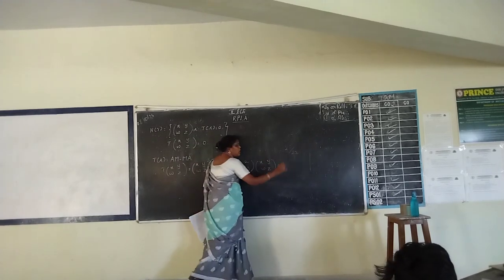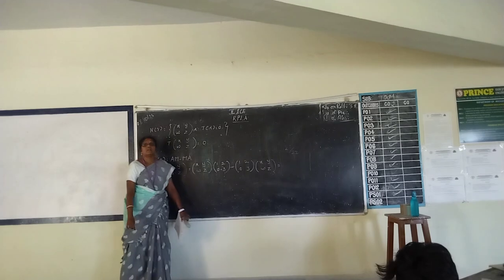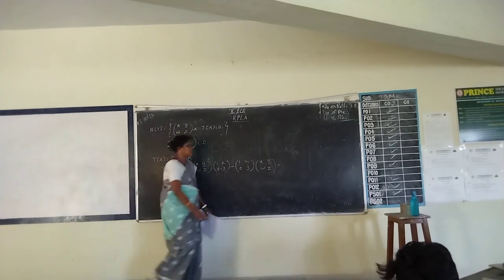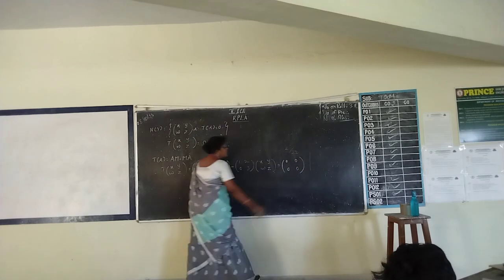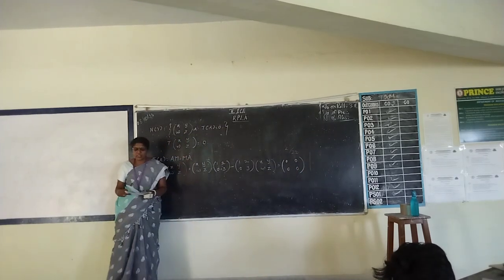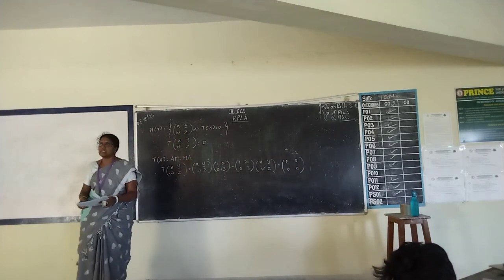This should be equal to what for the null space? It should be a null matrix. It is not a single value, it is a null matrix. So now you have to solve this and find x, y, z and w.